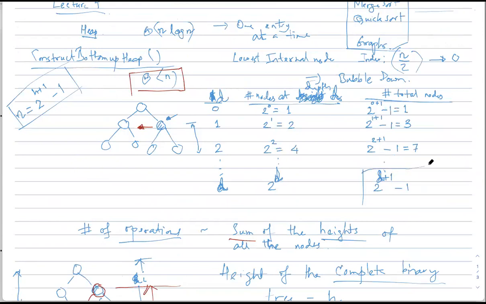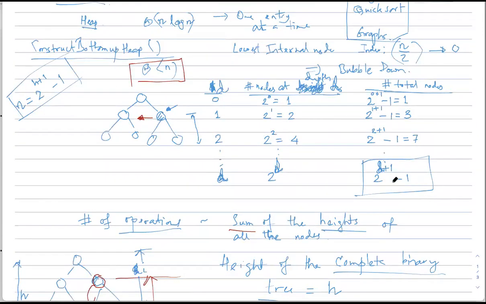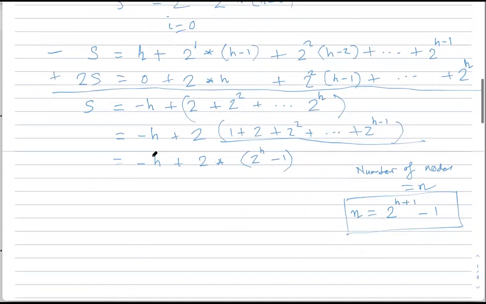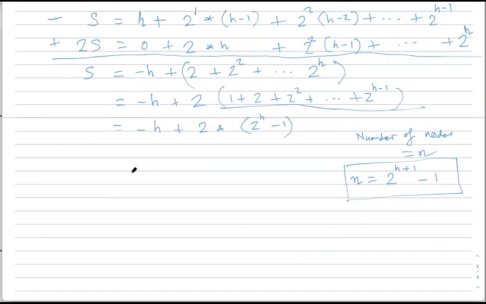In this case, height is equal to the depth for the whole tree. So 2 to the power height plus 1 minus 1, correct? So now, if that is clear, this is minus H plus 2 to the power H plus 1, if we just expand this, minus 2 once we distribute the 2. Now we know 2 to the power H plus 1 is n plus 1. So 2 to the power H plus 1 is equal to n plus 1.